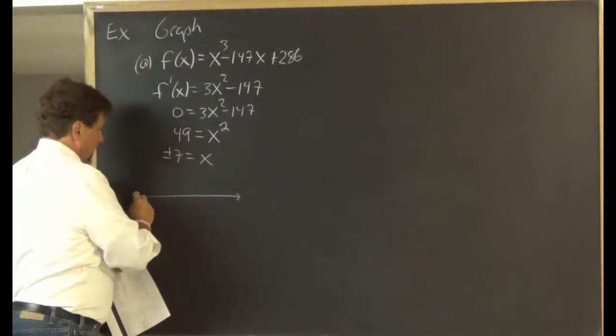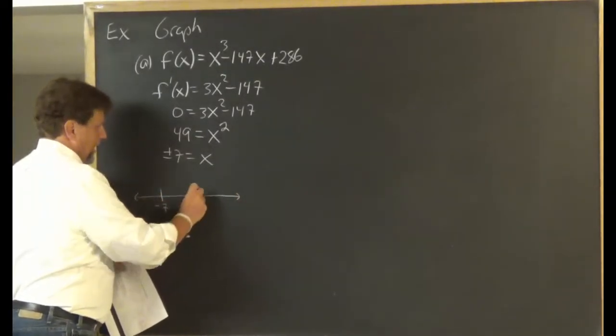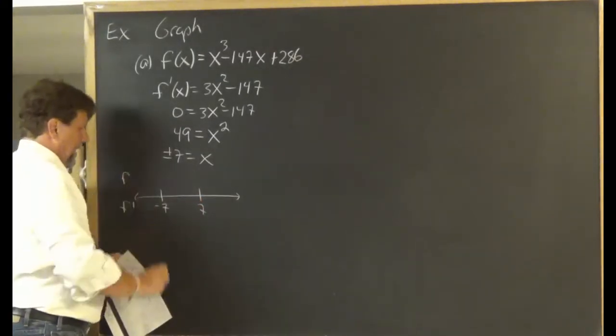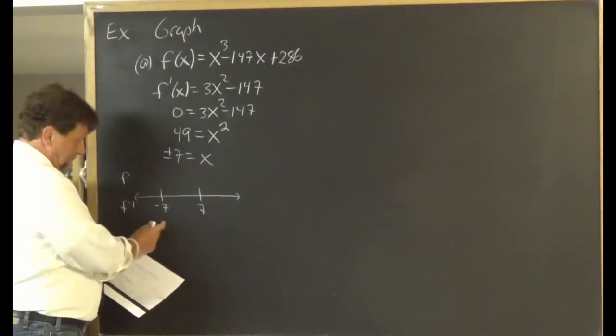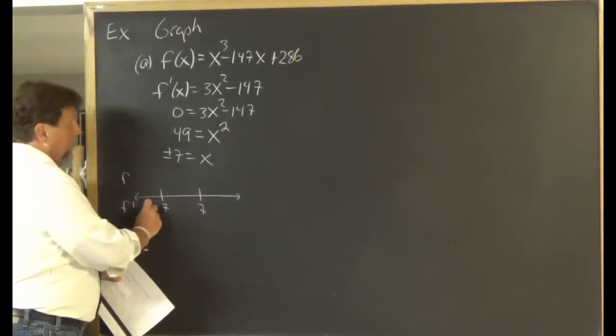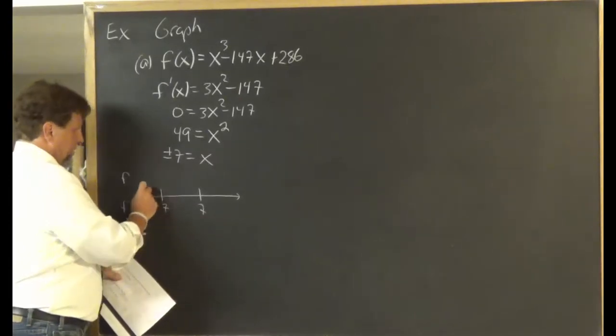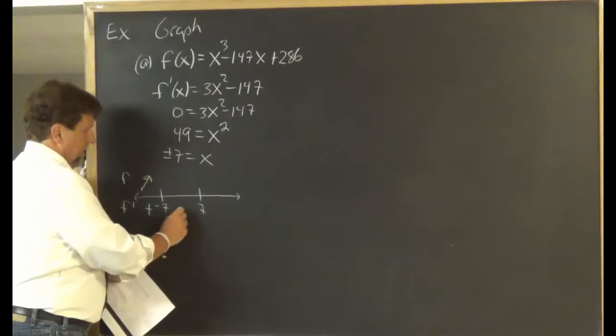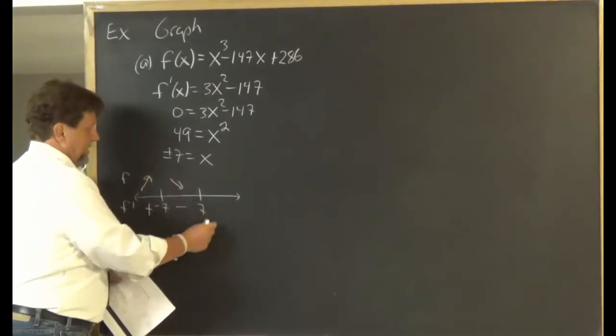So I can make my sign diagram, negative 7, 7, f prime, f, and I pick a number in this interval, say negative 8. Out comes a positive number, so it's increasing. And here I pick 0, negative, decreasing.